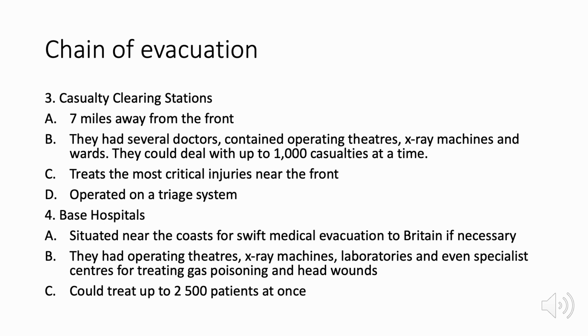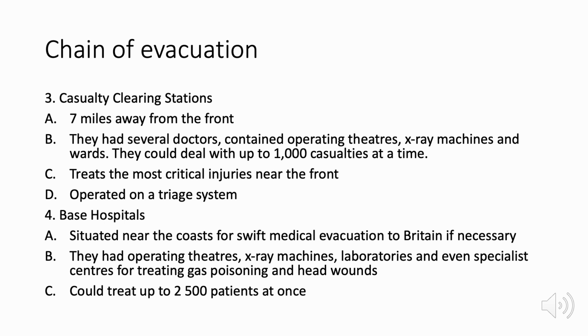They had x-ray machines and wards, and they could deal with up to 1,000 casualties at a time. In some cases they could go even more than that. They treat the most critical injuries near the front, and they operate on something called a triage system. I'm not going to go into that in too much detail here, but especially if you're targeting the higher grades, it's worth googling that and being aware of what that is.